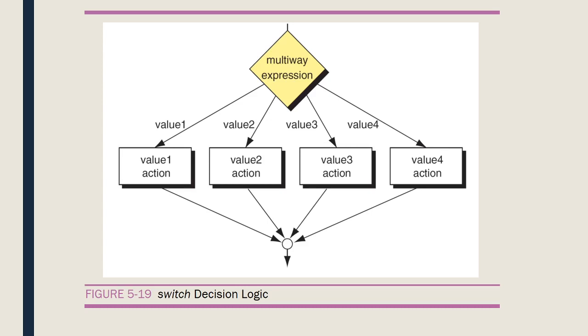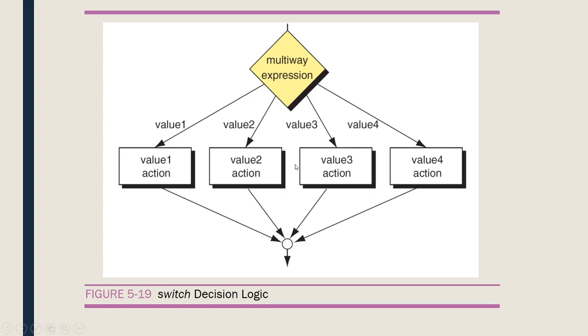We have here the multi-way expression that is placed inside the diamond, in which the result of the multi-way expression can be a constant value. We have value 1, value 2, value 3, and value 4. Now we have the actions. These actions will be executed if the value of the multi-way expression is value 1.